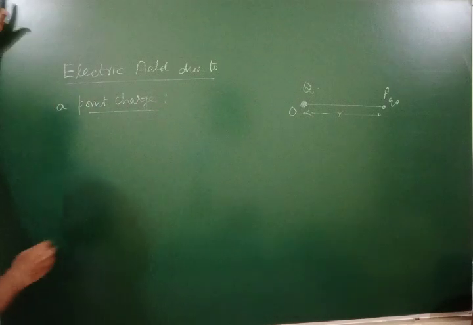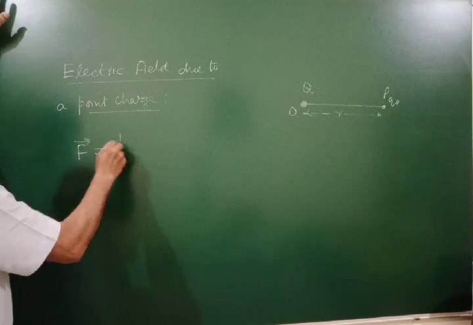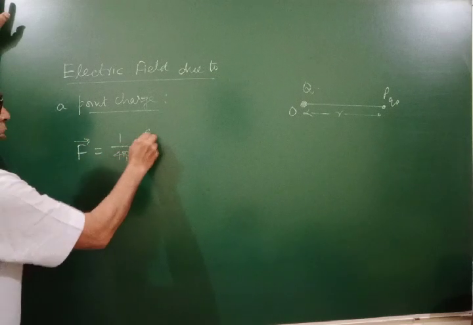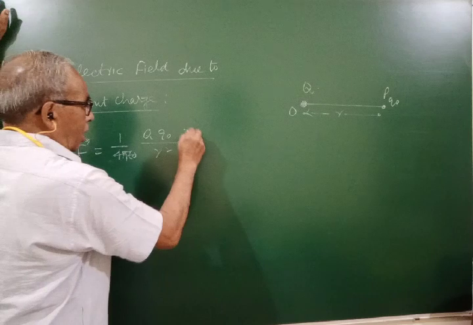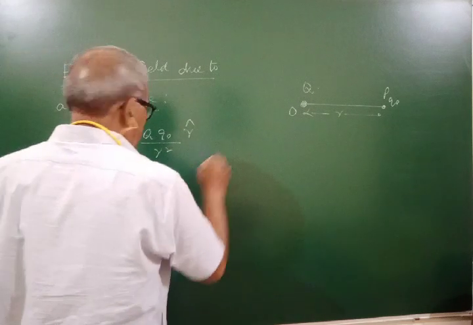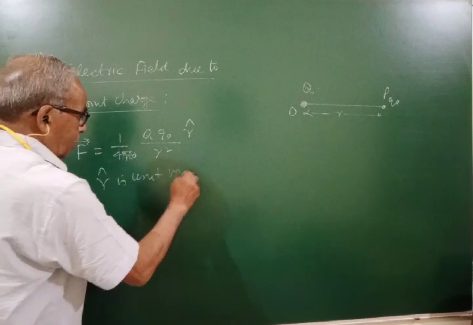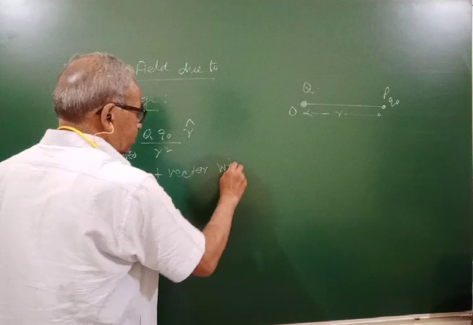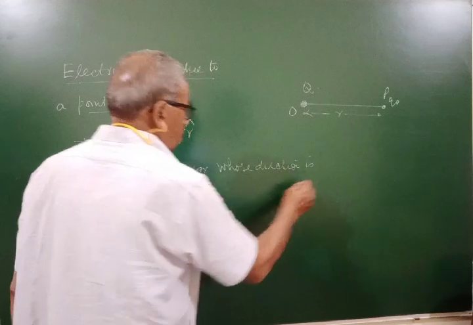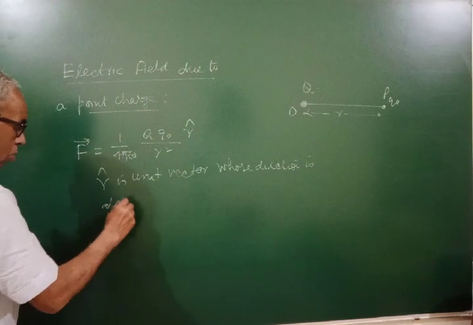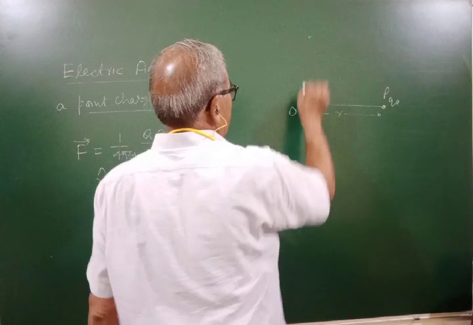So from Coulomb's law, the force acting on test charge Q0, if this is placed in vacuum, is Q Q0 upon r square r cap, where r cap is a unit vector whose direction is along vector OP, O to P. P may be here, so OP this way.